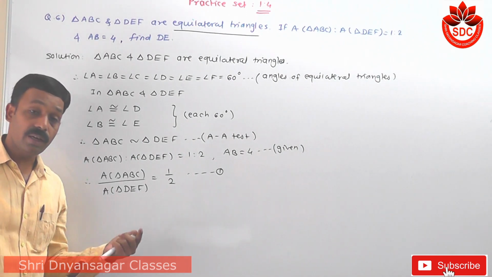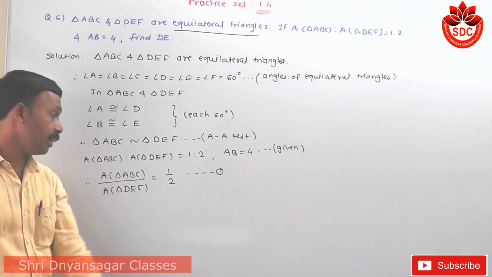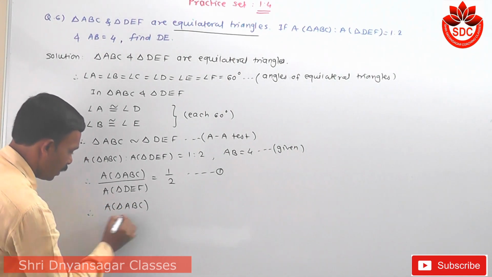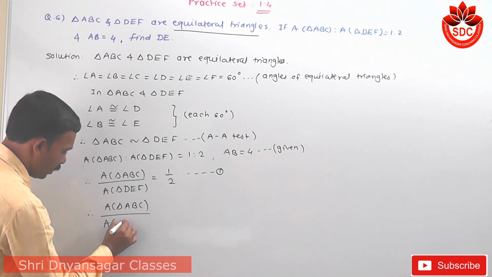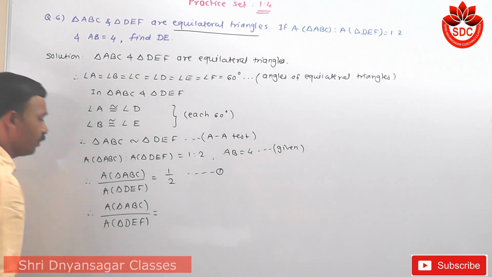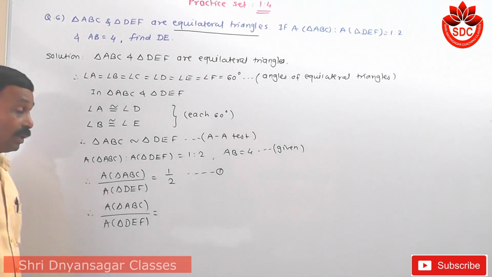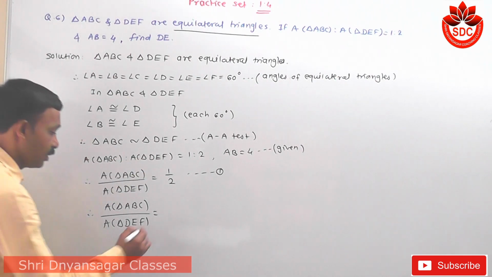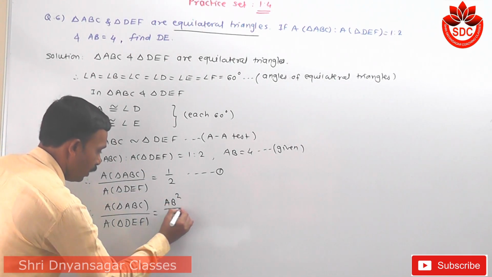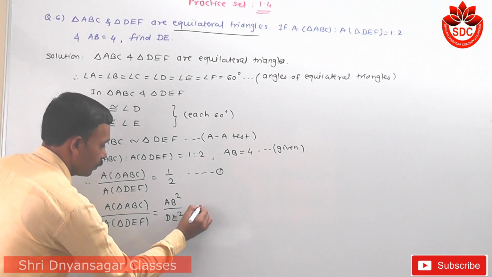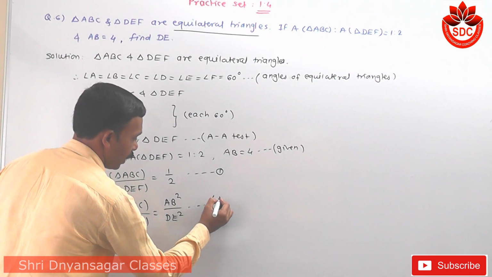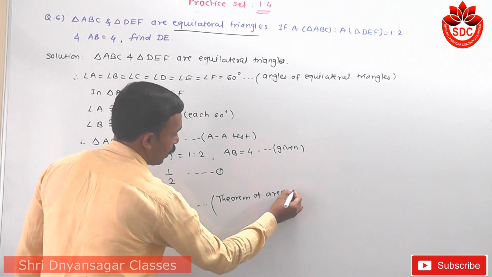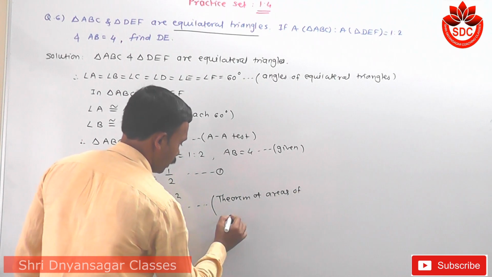Then by using the theorem of areas of similar triangles, we write: area of triangle ABC upon area of triangle DEF is equal to the square of the ratio of corresponding sides. Here we take AB and DE, so AB square upon DE square. The reason is the theorem of areas of similar triangles.